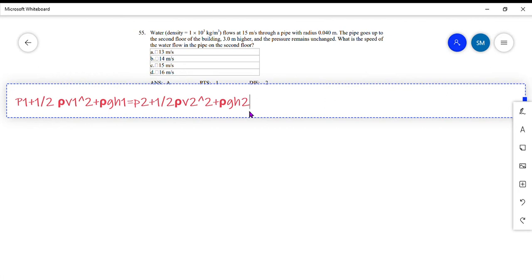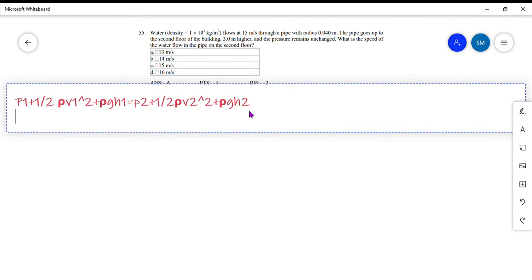What we will do is move this part and this part to the other side.